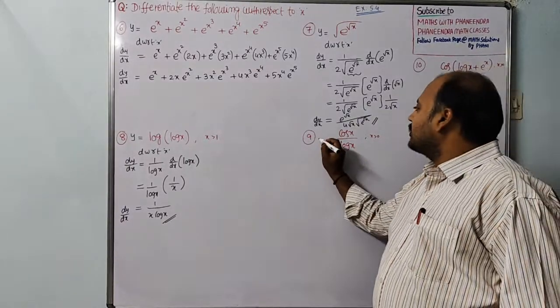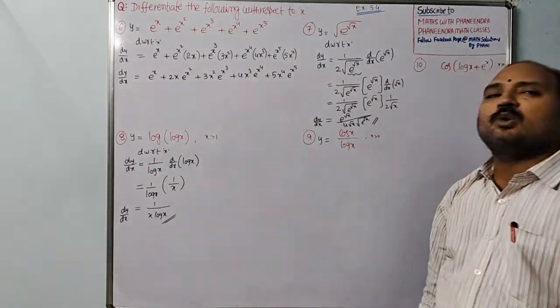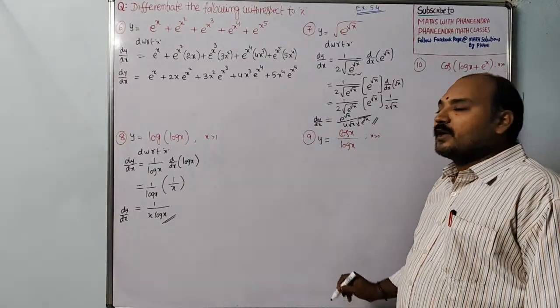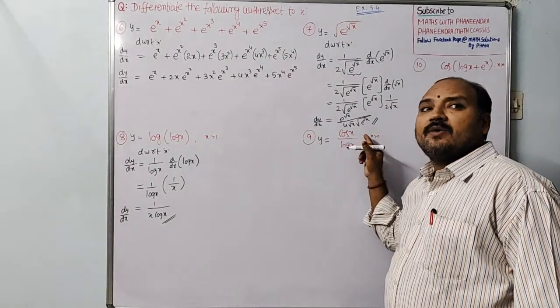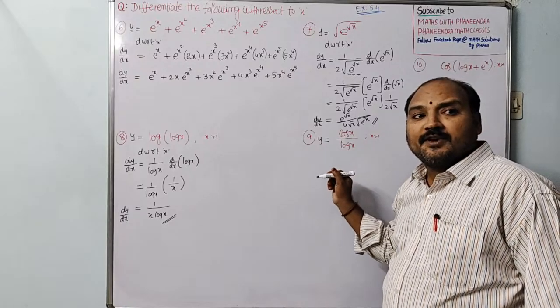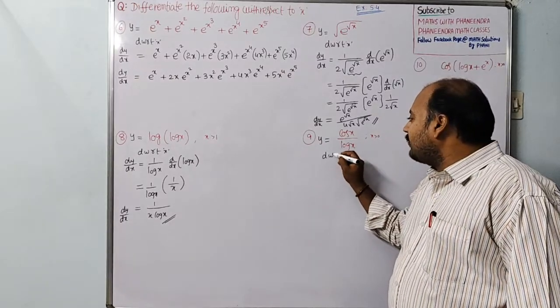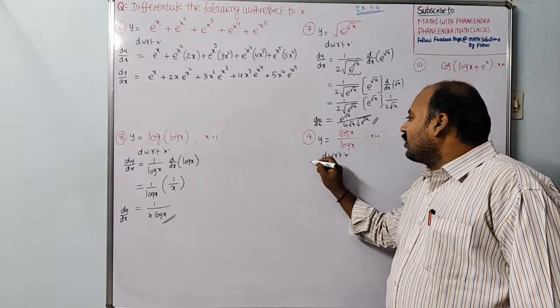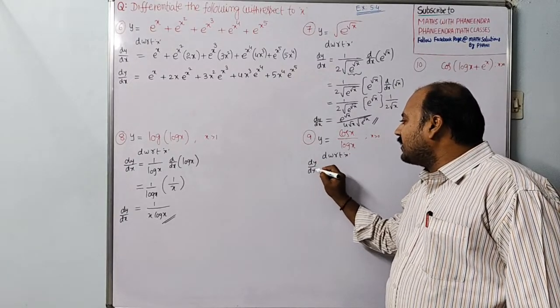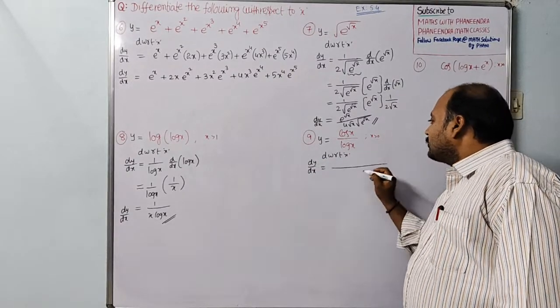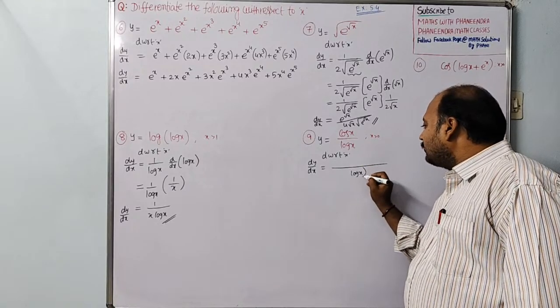Now come to question number 9. y is equal to cos x by log x. It is looking like u by v. Quotient formula of differentiation. Differentiate with respect to x. Y derivative is dy by dx equal to, log x whole square in the denominator.